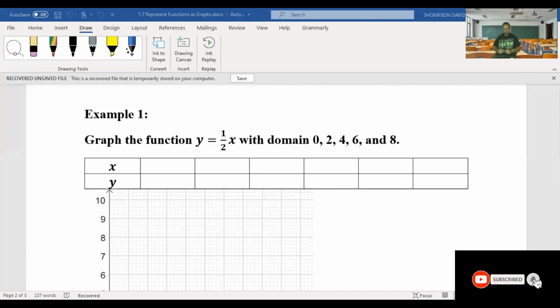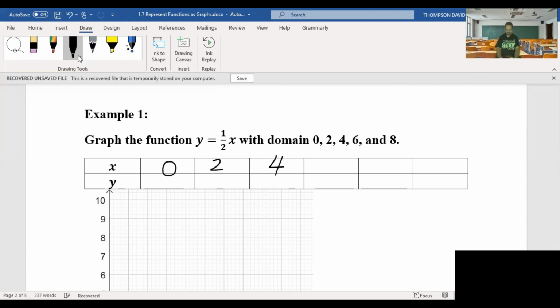Example 1. Graph the function y equals 1/2 x with a domain of 0, 2, 4, 6, and 8. First step on our table, our domain, recall, is our x value, so that's just 0, 2, 4, 6, and 8. Half of 0 is 0, half of 2 is 1, half of 4 is 2, half of 6 is 3, and half of 8 is 4.